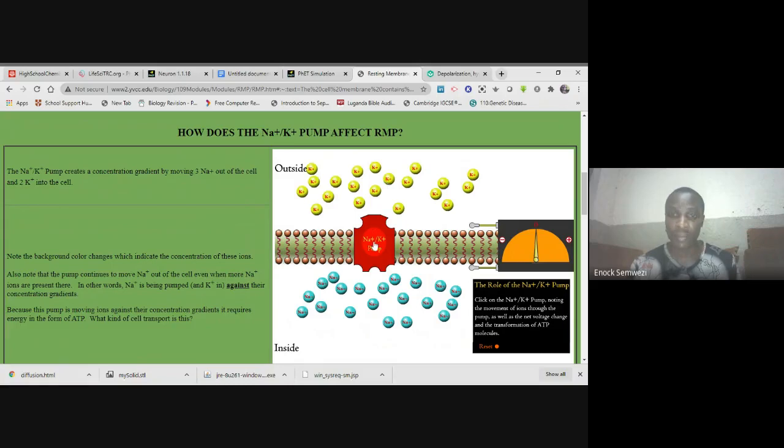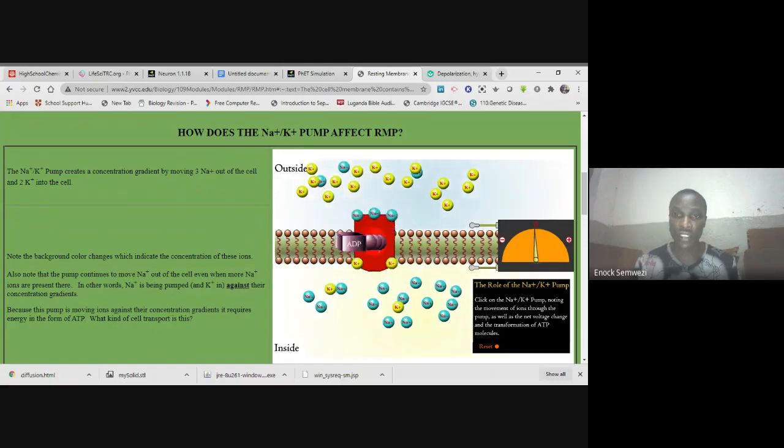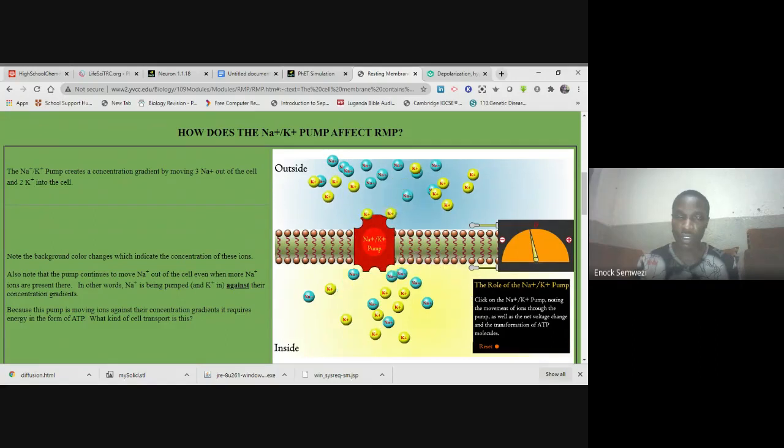And when there is distribution of ions, like in this case, the outside will have more of the sodium ions.